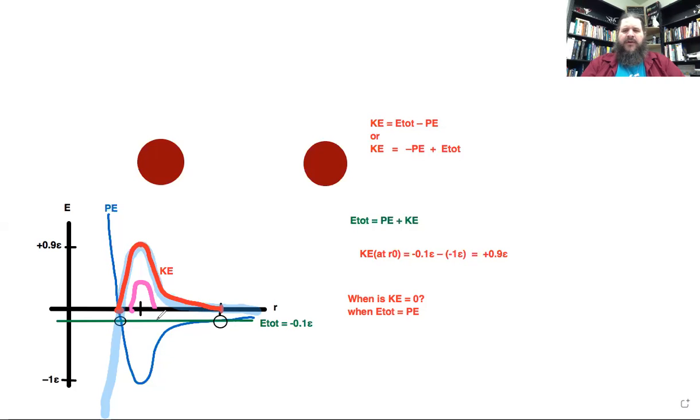And what other physical situation also leads to the kinetic energy graph being this upside down parabola? Where else have you seen a kinetic energy graph that looks like that upside down parabola? Or to put it another way, what other type of potential energy leads to this sort of shape for kinetic energy?